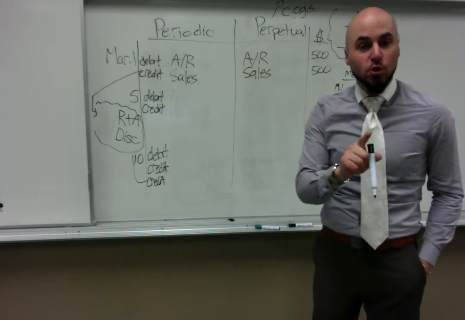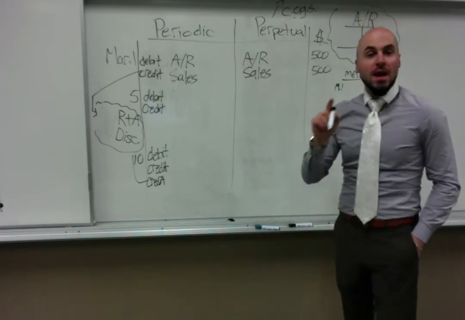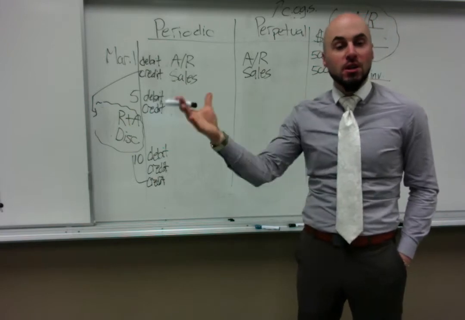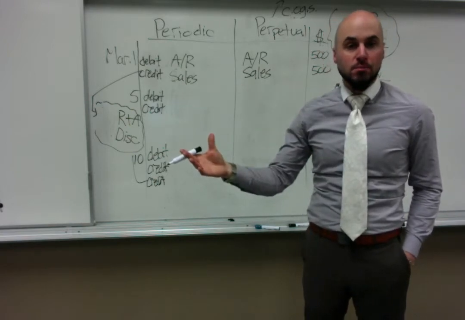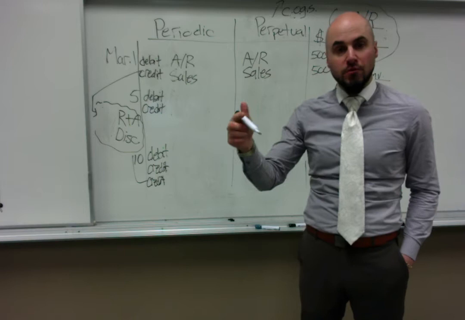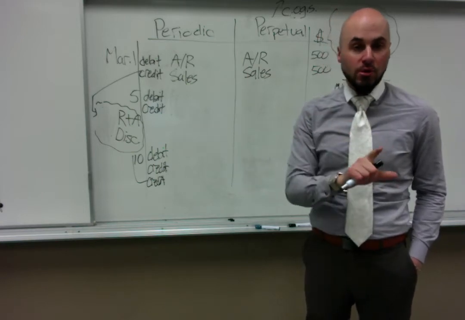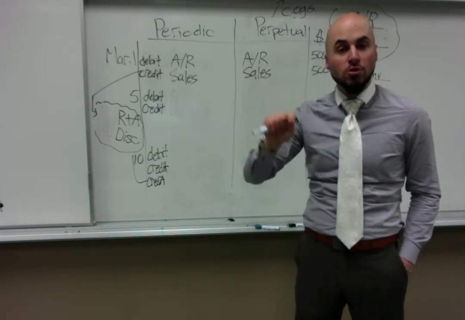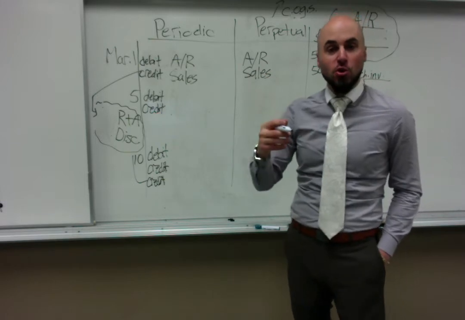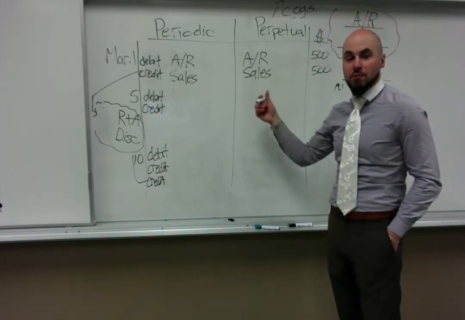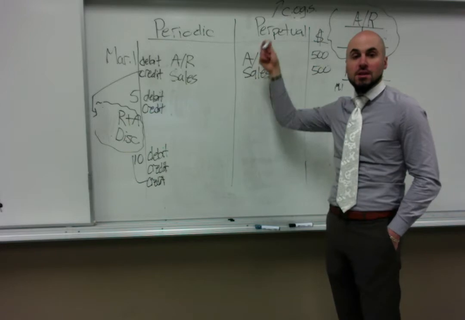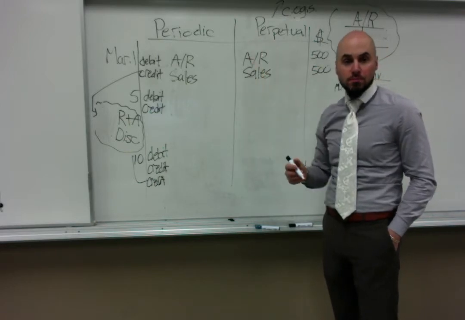So the cost of goods sold needs to be recorded anytime something sales related happens. If it's a sale, well, specifically if it's a sale or a sales return and allowance. The cost of goods sold also needs to be recorded to show the effect to that account, to the cost of goods sold account.